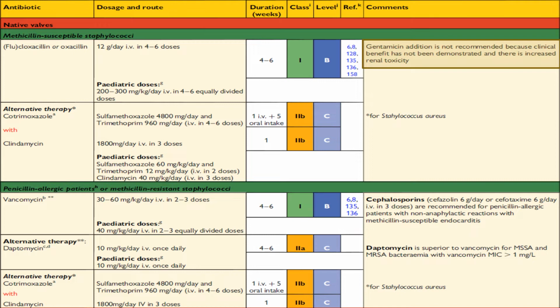Alternative therapy: you can use both cotrimoxazole and clindamycin, but the susceptibility report should show susceptibility to both agents. In contrast, if the patient has MRSA or allergy to the penicillin group, you should avoid beta-lactams and use vancomycin instead.